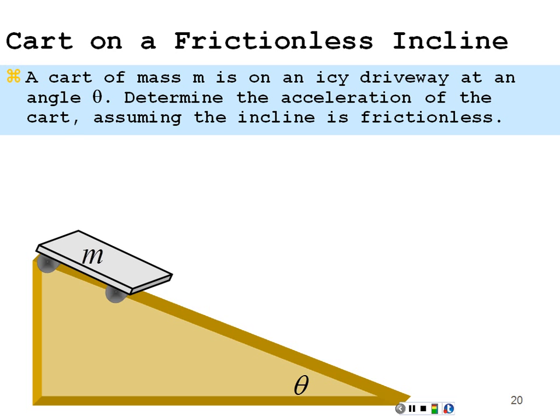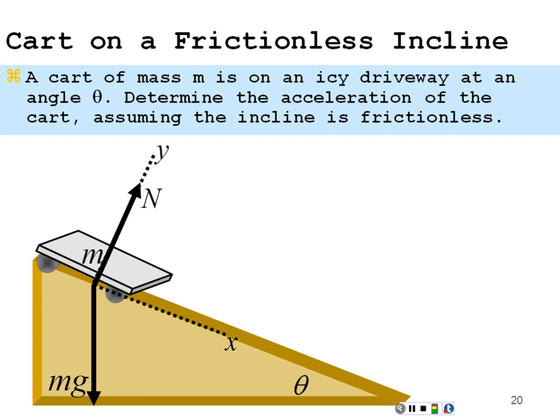If we were to do a free body diagram, selecting a coordinate system that is convenient with the incline, we're going to have x going down the incline, y going perpendicular to the incline. I want to look at all the external forces acting on this cart. One force is gravity, mg, pulling down towards the center of the earth. Another force is what we call the normal force, the surface force.